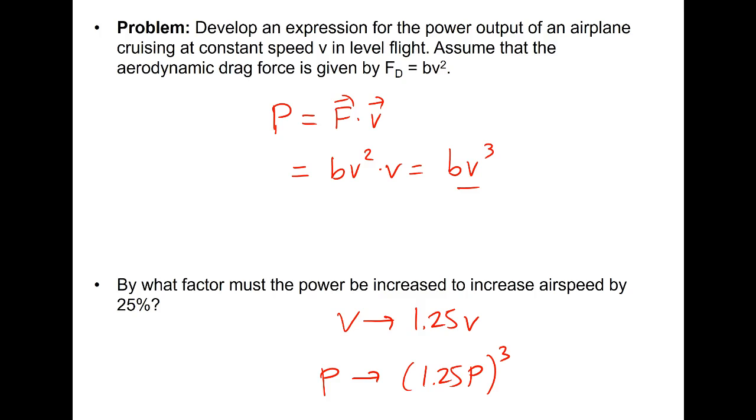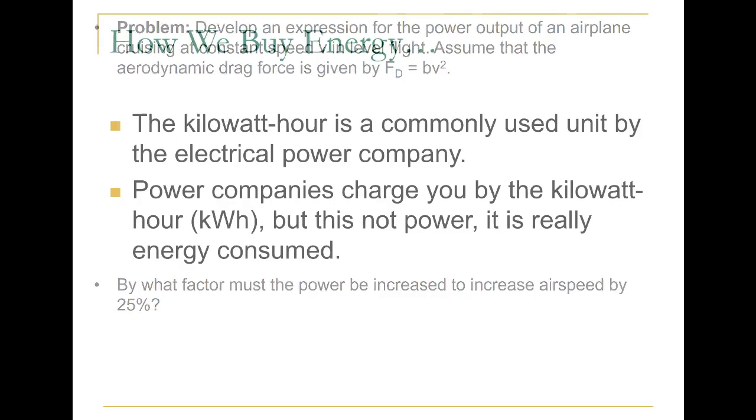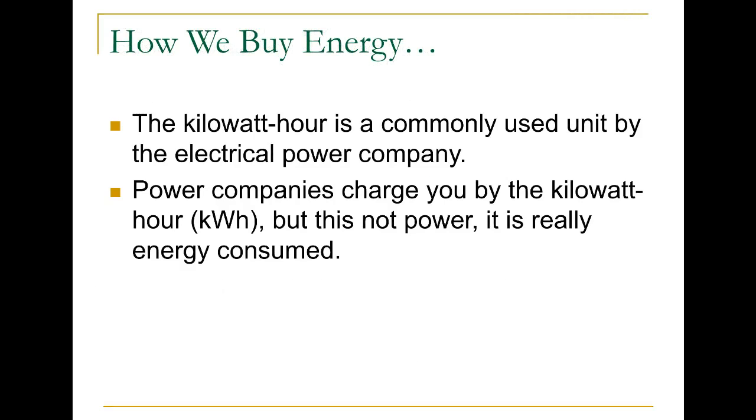Okay, let's do one more example. And this one has to do with how we buy energy. So when you buy energy, you're actually buying it by the kilowatt hour, which is a weird unit until you consider if power is work over time, then work is actually power times time, and that is kilowatts for power times hours.